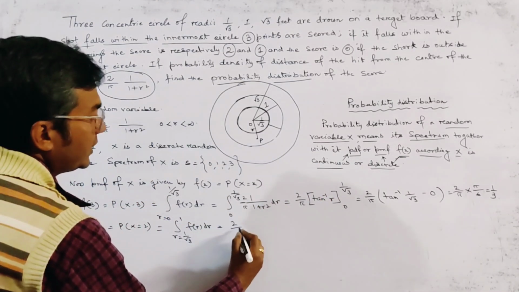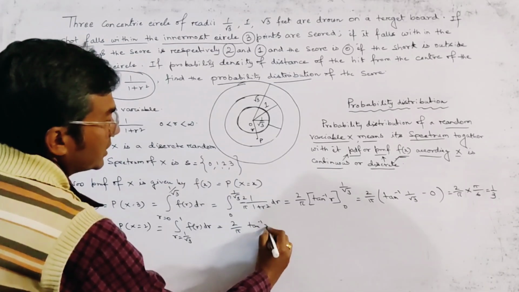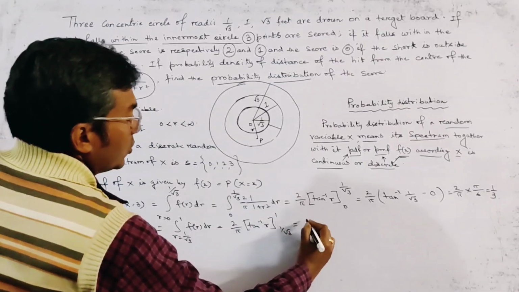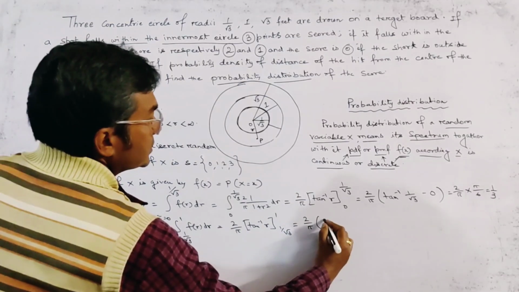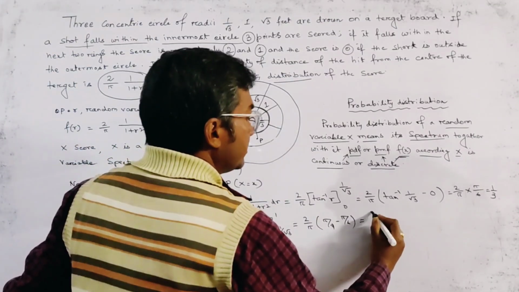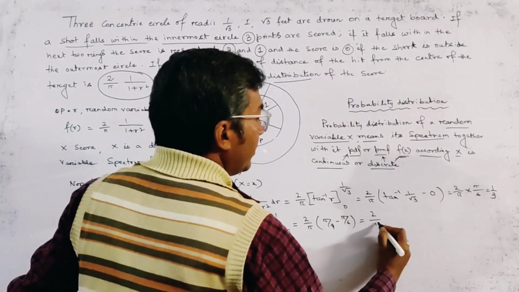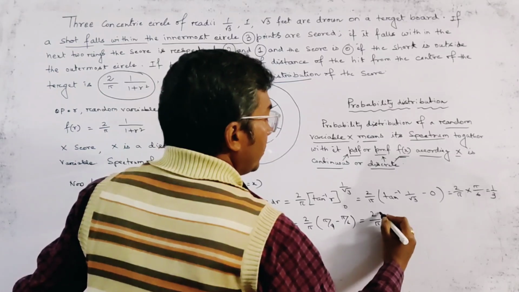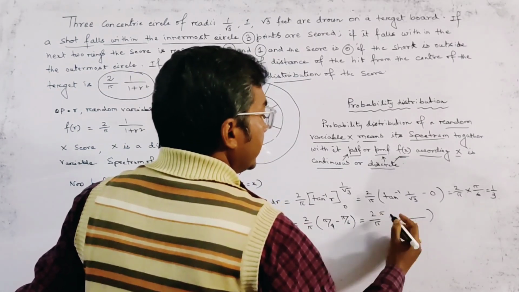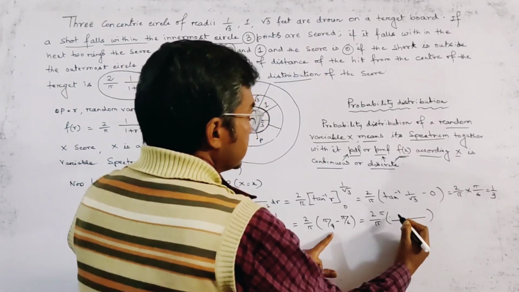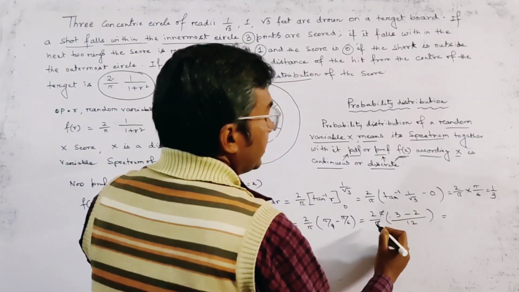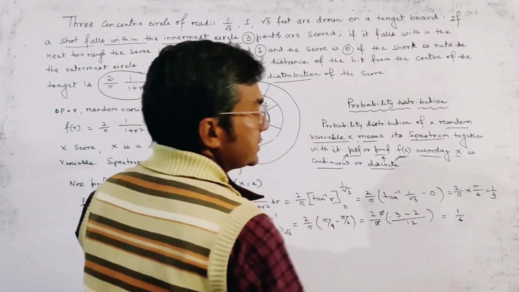So we write directly 2 by pi tan inverse r from 1 by root 3 to 1, which is 2 by pi into pi by 4 minus pi by 6, which is 2 by pi into pi into 3 minus 2 over the LCM 12. So clearly pi cancels out, and this is 1 by 6.